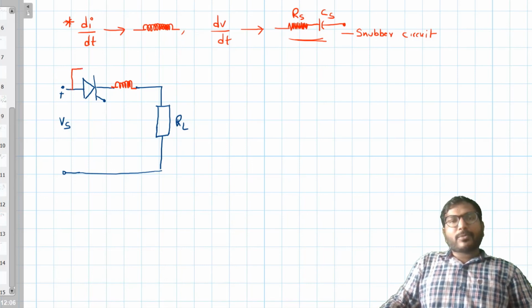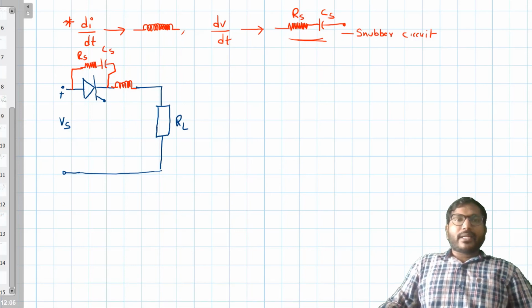This inductor protects against di by dt, and this arrangement, Rs and Cs, is connected in parallel to protect against dV by dt. So this is the circuit diagram to protect the SCR against di by dt and dV by dt. Thank you so much.